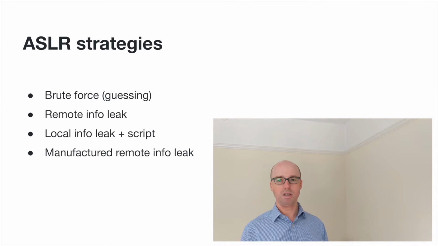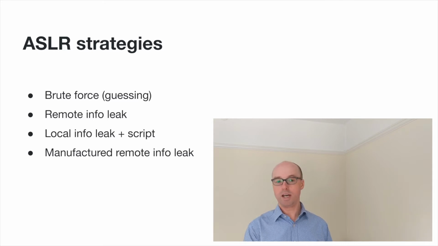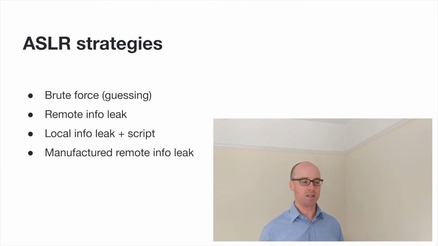I mean, usually the kind of thing that you need to do is a little bit of arithmetic on the ASLR offsets. You need to get the ASLR offset and then add something to it in order to deduce what the pointer to some important thing will be. And so if you've got a scripting engine in the victim program, then you can do that on site and you don't need to ship it off. Unfortunately, SANE doesn't contain a scripting engine, and so that wasn't a viable strategy for me either.